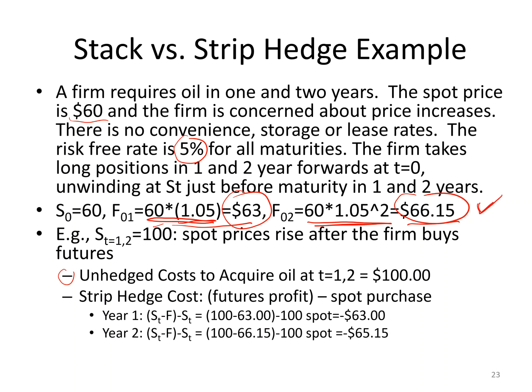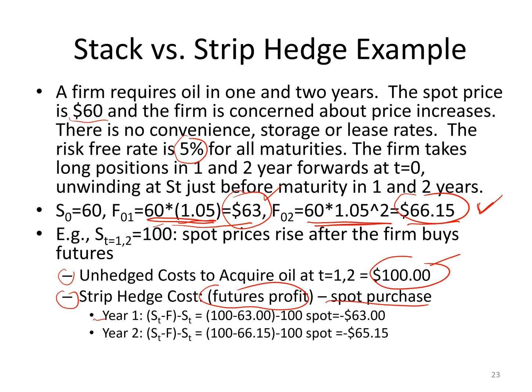Immediately after putting on these two hedges, buying at 63 and 66 for 1 and 2-year delivery, prices of oil spike to $100 and stay there forever. Now the payoffs, or the cost of their strip hedge, their hedged cost of acquiring oil for the strip hedge, is going to be the profit they make on this futures contract minus their spot purchase of the asset.